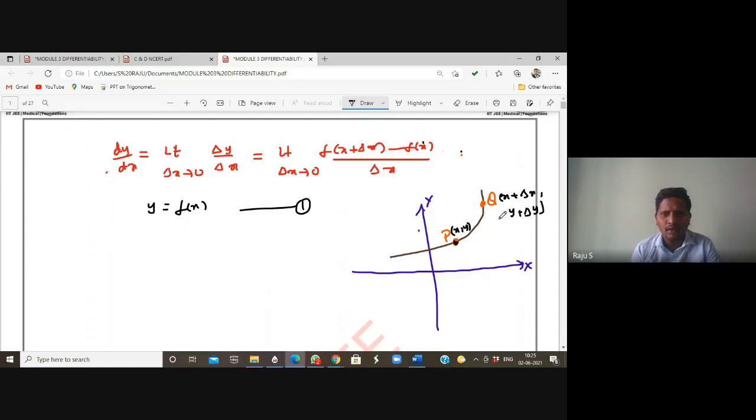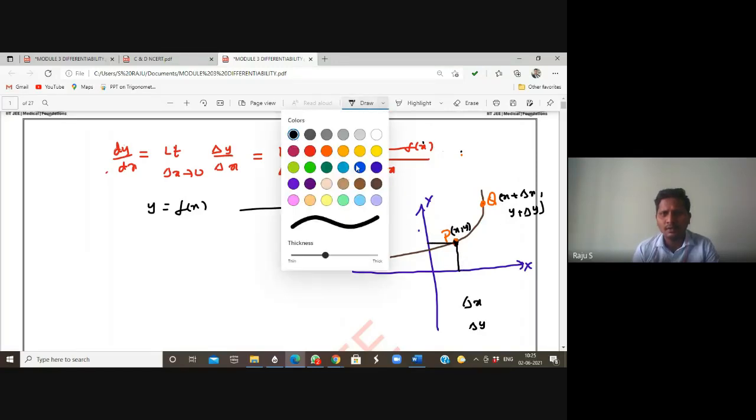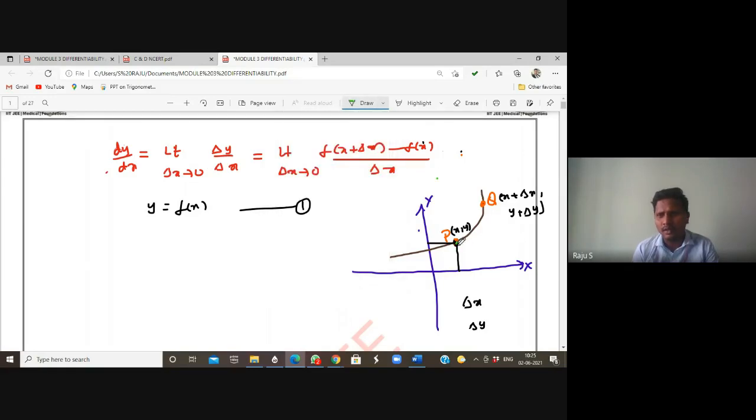Okay. So here, what is the meaning of this? X plus delta x, delta x, delta y. So this delta x is the change of x variable. Delta y is the change of y variable. Okay. So here the point is x and y, right? When I draw, this is the y value, this is the x value.